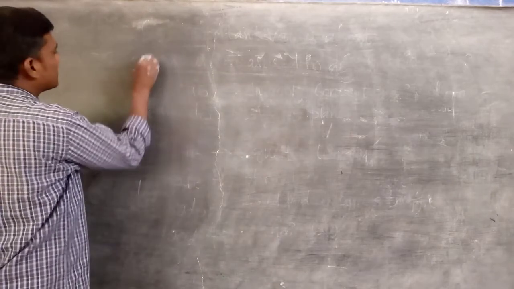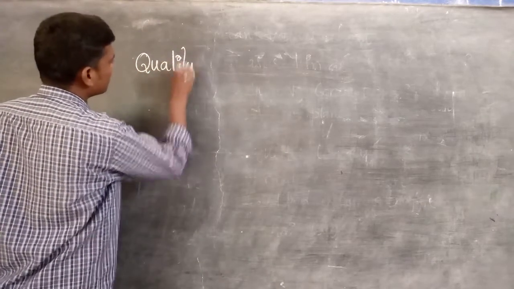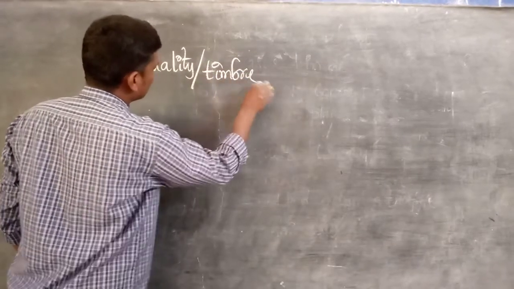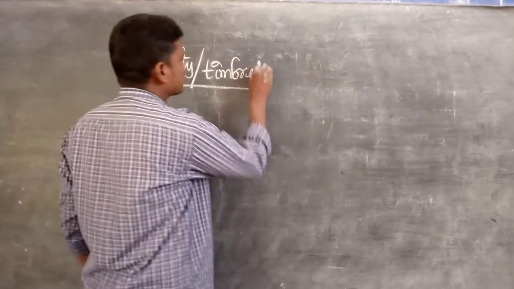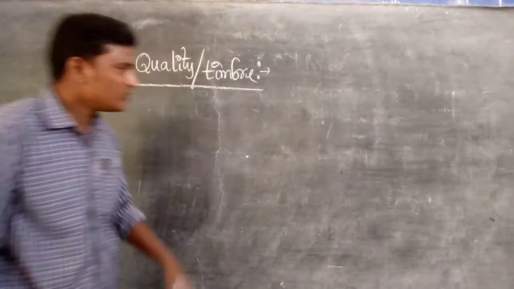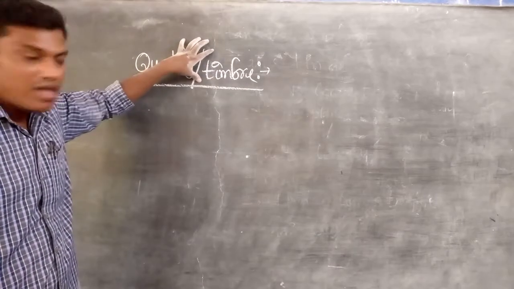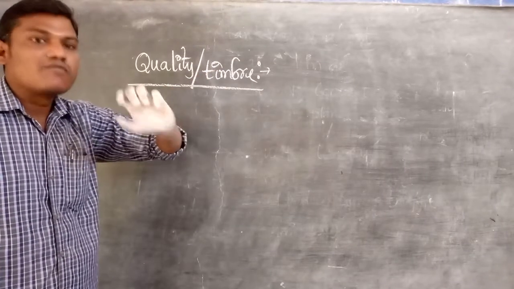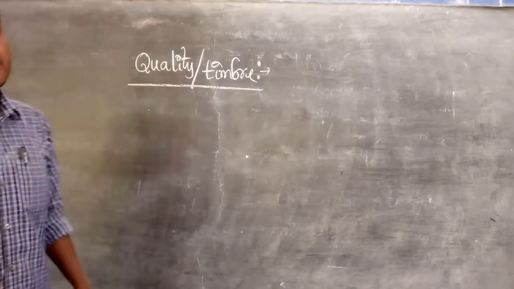Next, the third one is quality or timbre. So, what is quality or timbre? It is one of the characteristics or parameters of the sound. With the help of this characteristic, we can differentiate the music coming from different instruments.